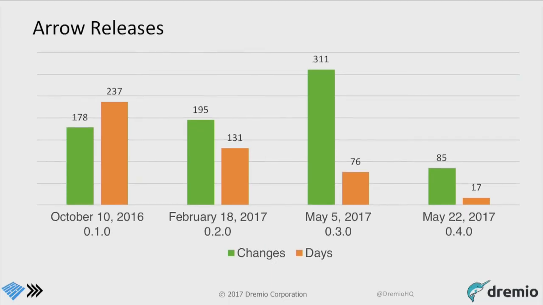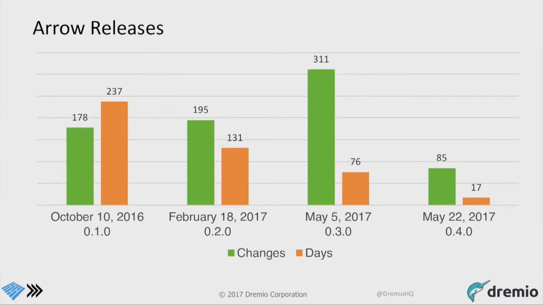To give a sense of activity, we started a little less than a year ago. At the beginning, there was agreeing on the metadata and the format. And you can see that we were trying to accelerate. Orange is the number of days, so we do the release more and more often.